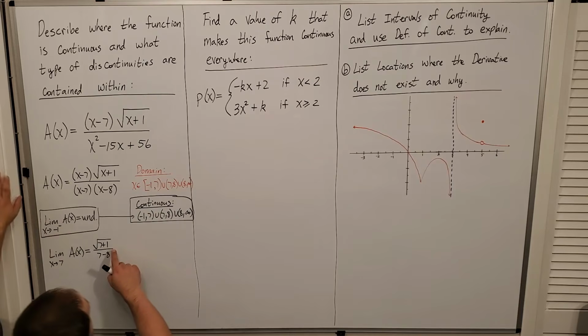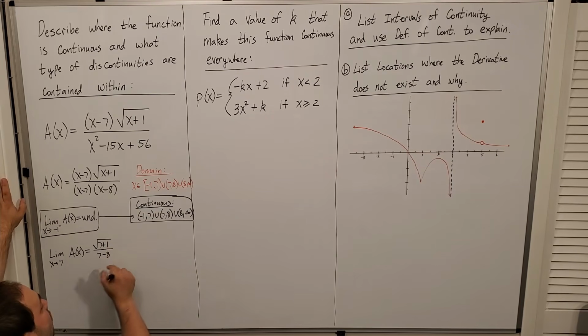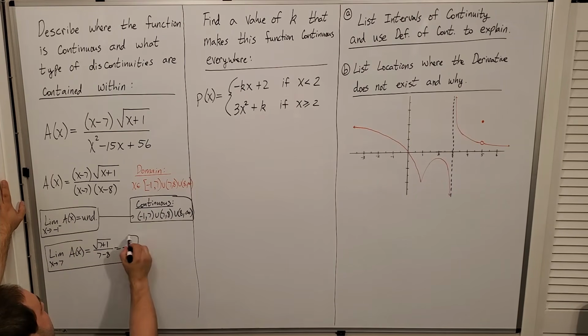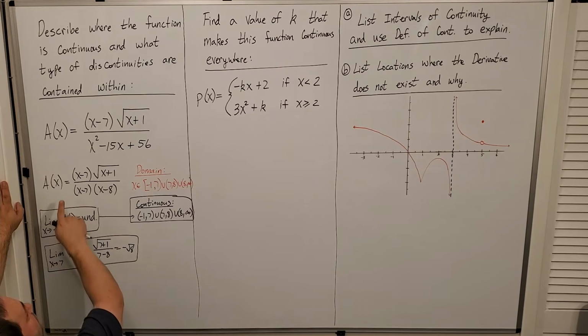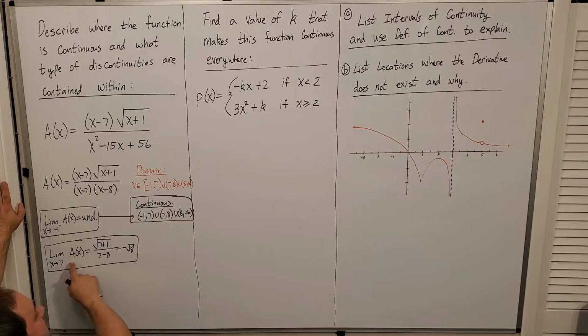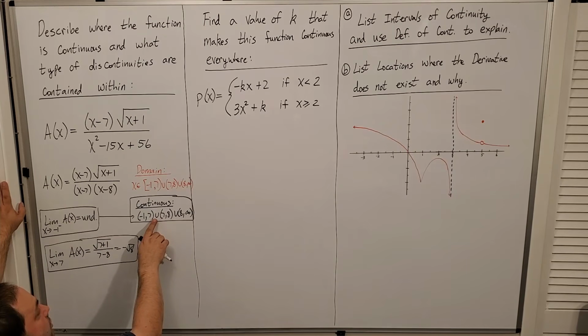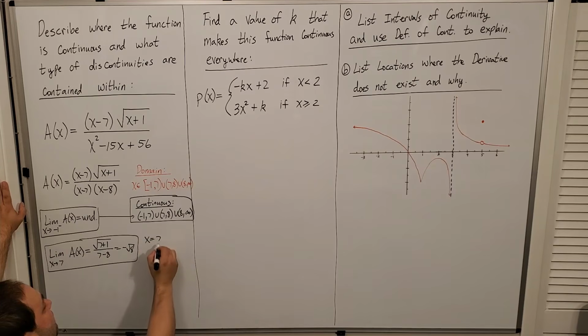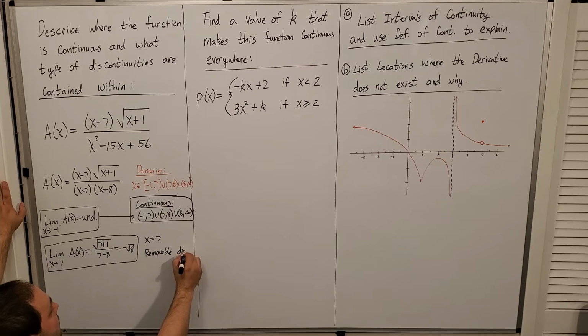That would give me square root of 8 over negative 1, which is just negative square root of 8. Okay, so notice this limit exists. However, the limit doesn't equal the function value at 7, so it's still not continuous. But what does this mean? X equals 7 is a removable discontinuity.